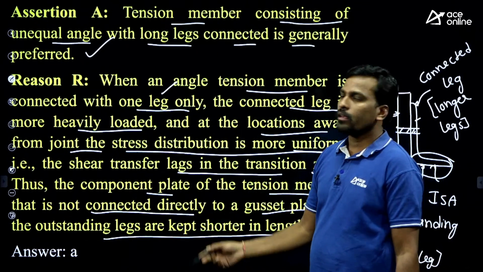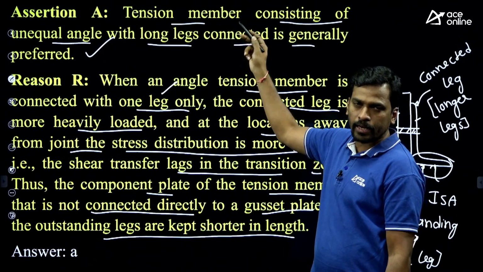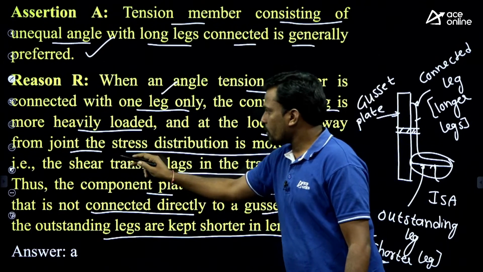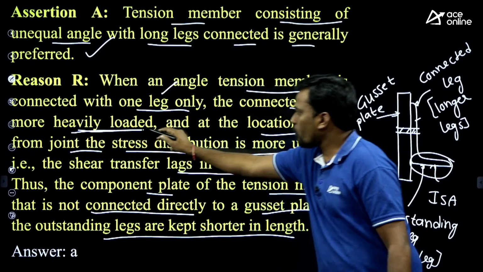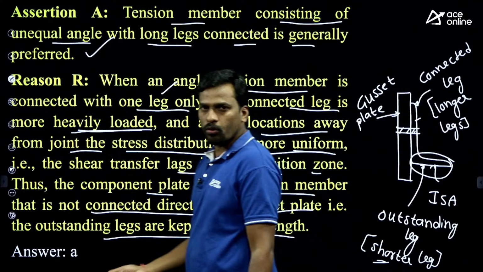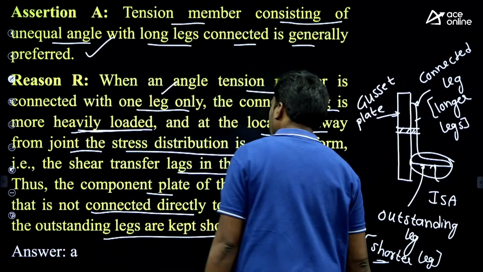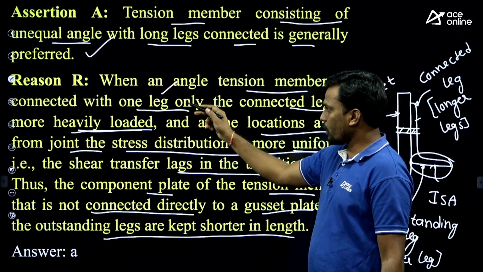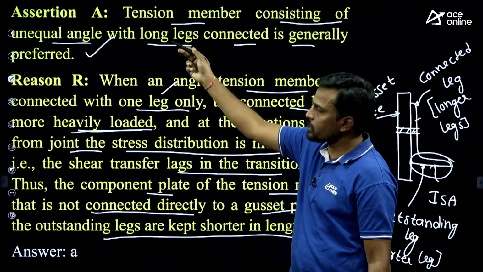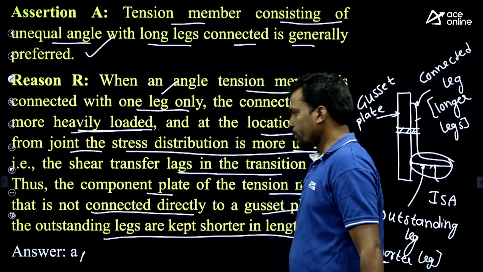Why do we always prefer longer legs as connected legs? Because there is more load. Connected legs take more load compared to outstanding legs. So both statements are correct, and reason R is the correct explanation of A, so option A is correct. Okay, right.